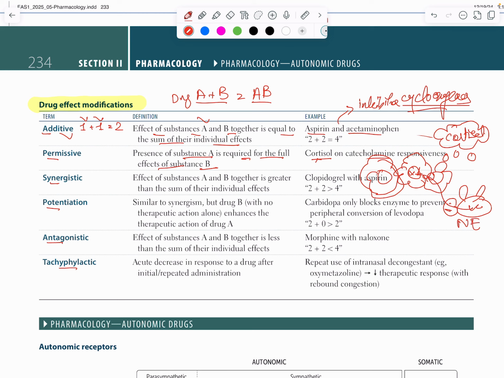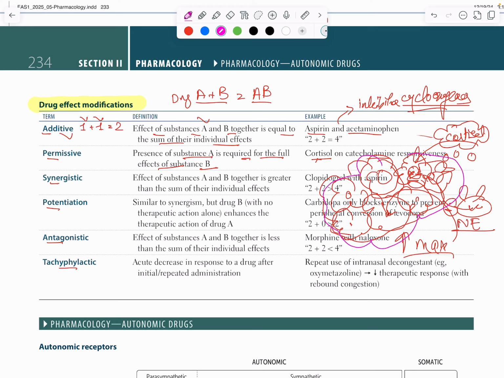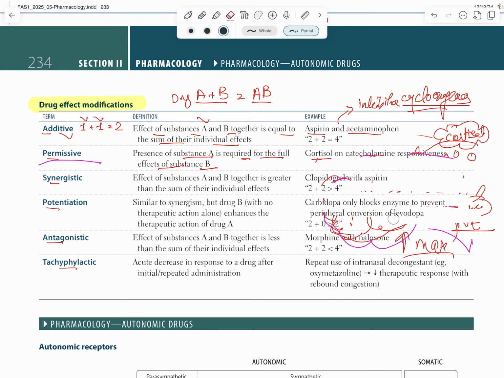When the honeybee goes, it makes honey, so as many flowers expose themselves to honeybees, the effect will increase and you get the maximum effect. Same like that, the cortisol will come and upregulate the alpha-1 receptors. When the alpha-1 receptors expose themselves to the catecholamines, the catecholamines will come and give maximum effect. And this effect is the permissive effect.